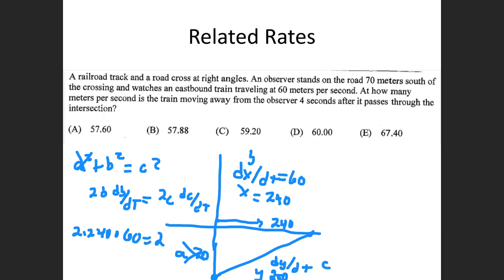Our c value was 250. And then dc dt. And that's how we set up a related rate question. The key to these types of problems is making sure when you take the derivative, you tack on the dA dt or dx dt or whatever it is.